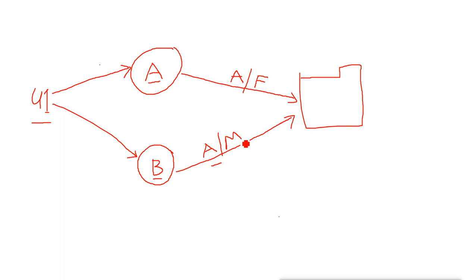Now both permissions are allow permissions. There is no deny permission. If some permission is deny, then the deny will apply, but the deny is not there, only allow permissions are available. So this user 1 is getting allow full control and allow modify from the A and B groups.